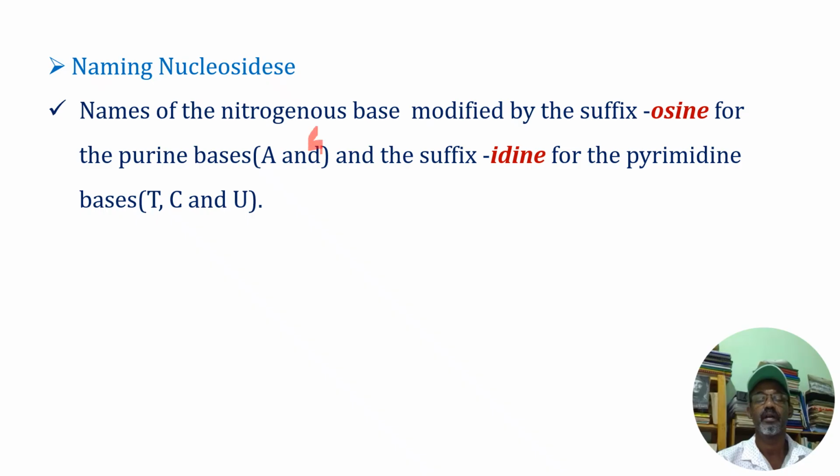For the pyrimidines, T, C, U, the name of the nitrogenous base is modified into "-idine". Nucleoside name is given after the name of the base, but we have to modify into "-osine" for purines, into "-idine" for the pyrimidine bases.